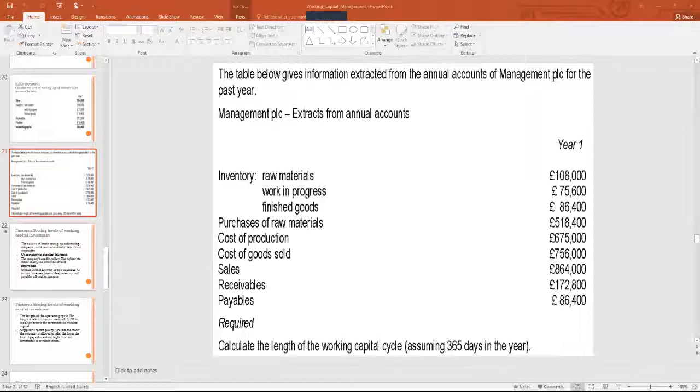Let me get an image of this question. So let's work it out together.